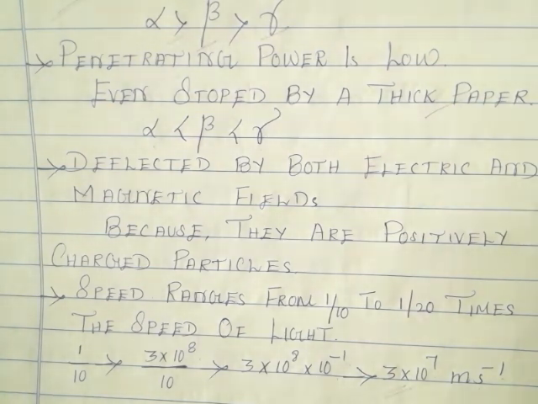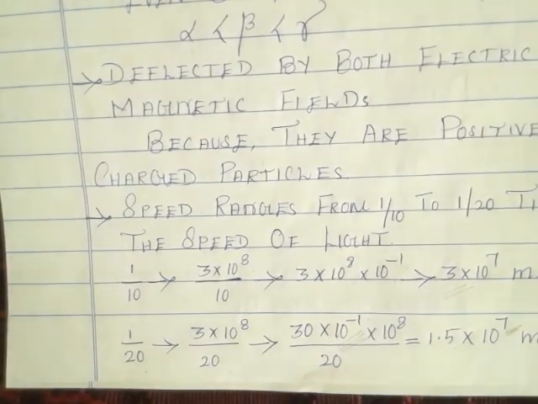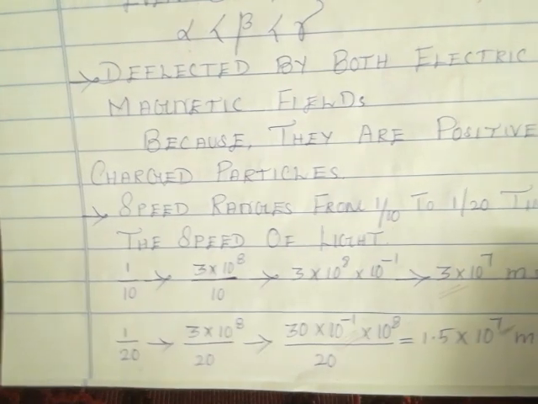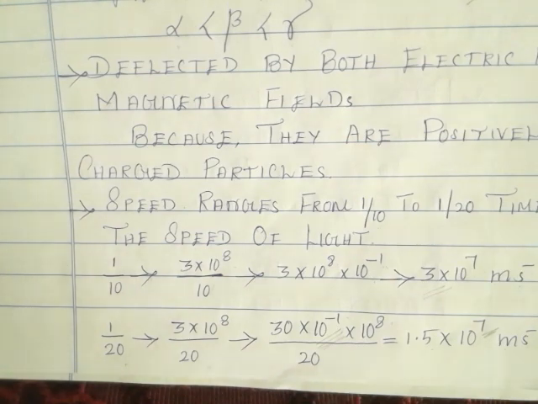Here alpha rays have positive charge, so they are deflected by both electric and magnetic fields. Then the speed range of alpha radiations is from 1 by 10 to 1 by 20 times the speed of light.